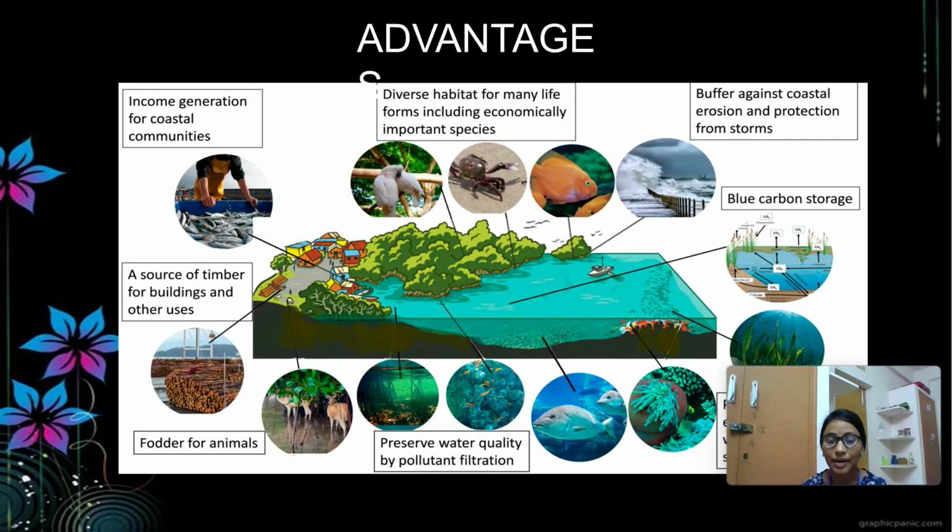The presence of mangroves purifies the water from pollution and detoxifies pollutants like heavy metals and organic pollutants. They also store blue carbon, and are a home for many sea grasses, corals, etc. And they are a buffer against coastal erosion and protect from storms.